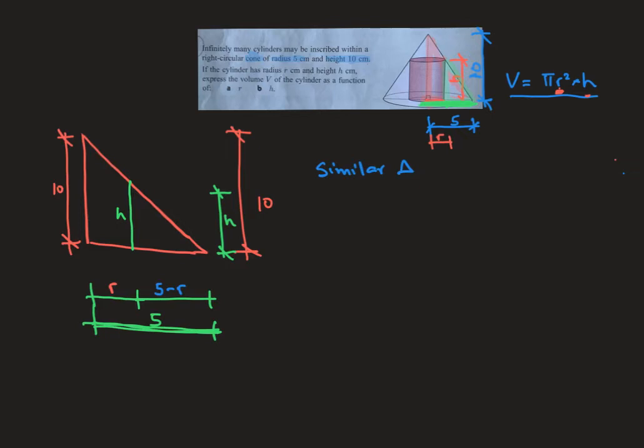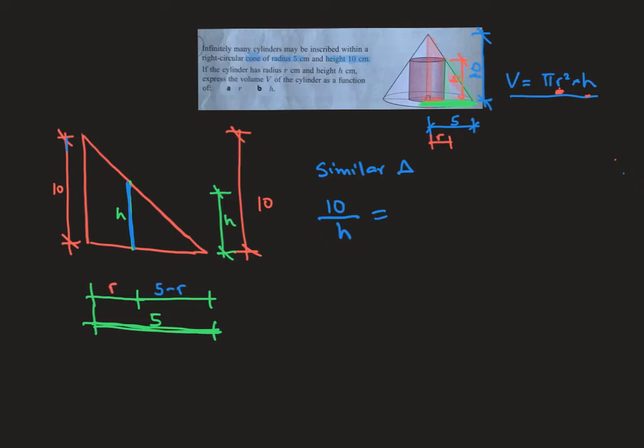So we have to be careful. If I'm going to go with this side first, this side, that's my 10, over the ratio of the corresponding side. So H is equal to the ratio of the other corresponding side. Now we have to be careful.